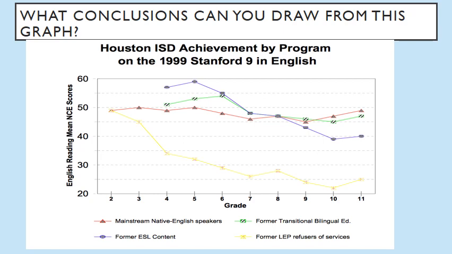And then the green in this one was the former transitional bilingual education students. And as you see, on this achievement test in English, the transitional bilingual programs compared to former ESL content programs and no supports whatsoever were much better than those programs.